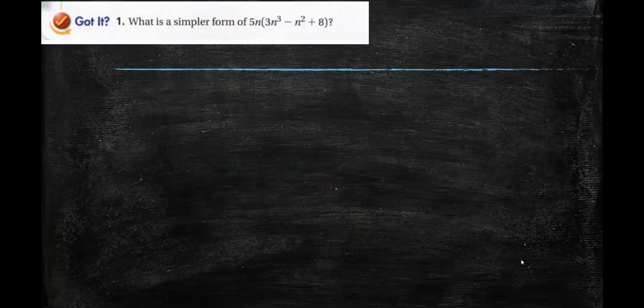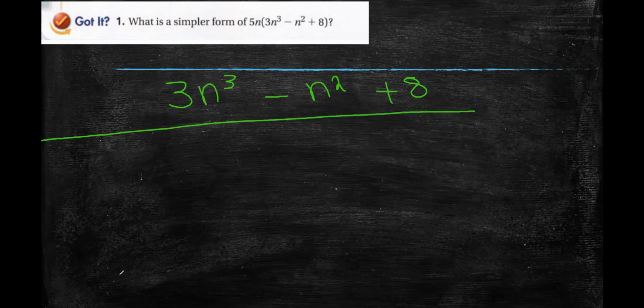The first step, let's write it as 3n cubic minus n squared plus 8. They are 3 terms, is it right? So this is 3 terms.